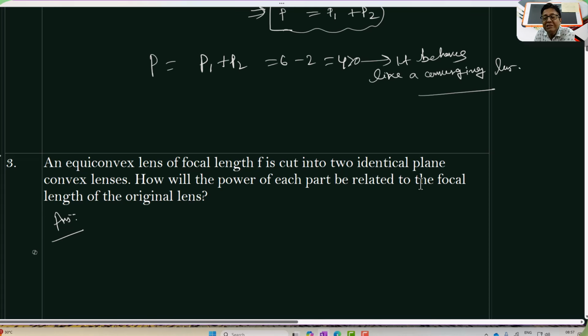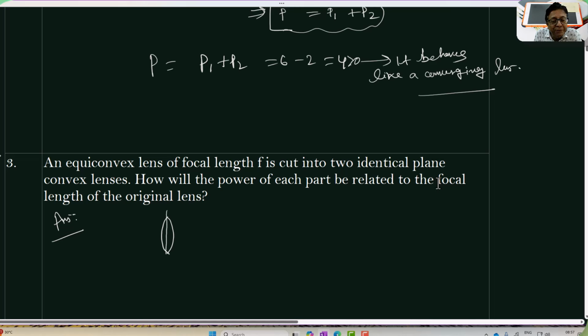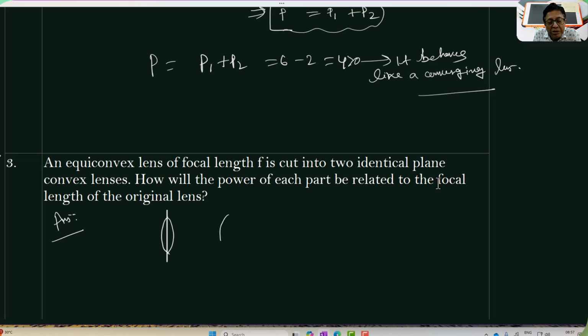It's a plano-convex lens, meaning one side will be plane. This is the lens. If you cut by this plane here, then this is one and this is the other one. So this is like a plano-convex lens. What will be the focal length of each part?